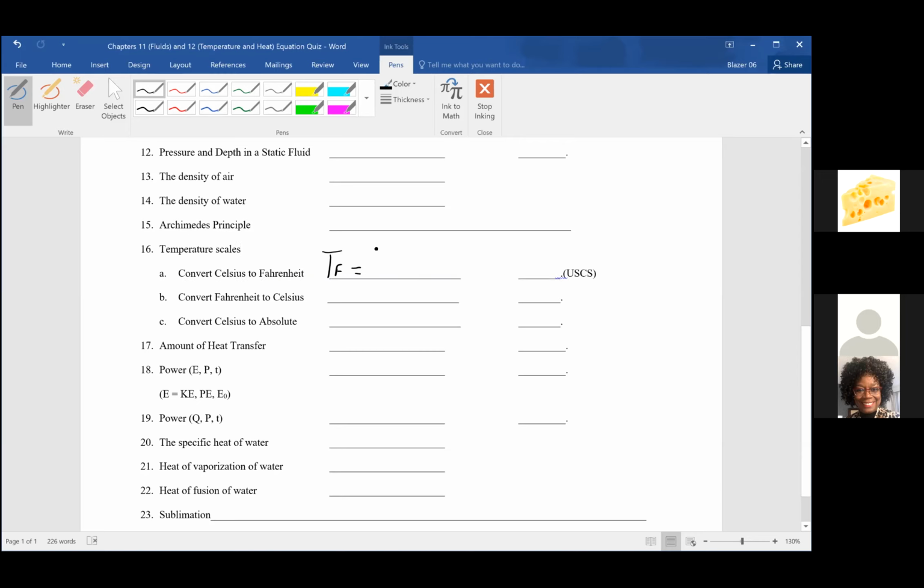And we already saw that it's 9/5 greater than temperature Celsius. And we have to add the what? The 32. So temperature Fahrenheit is 9/5 temperature Celsius plus 32. And then that would be in degree Fahrenheit. That's my unit.